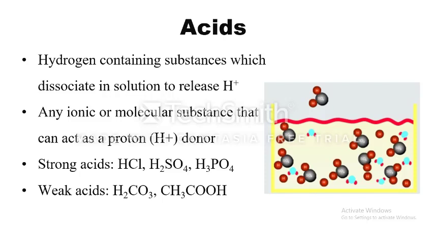There are two different types of acid depending on their strength. Strong acids, hydrochloric acid, sulfuric acid, and phosphoric acid are examples of strong acids. They easily donate their protons in solution, while weak acids like carbonic acid or acetic acid do not easily donate their protons to solution.